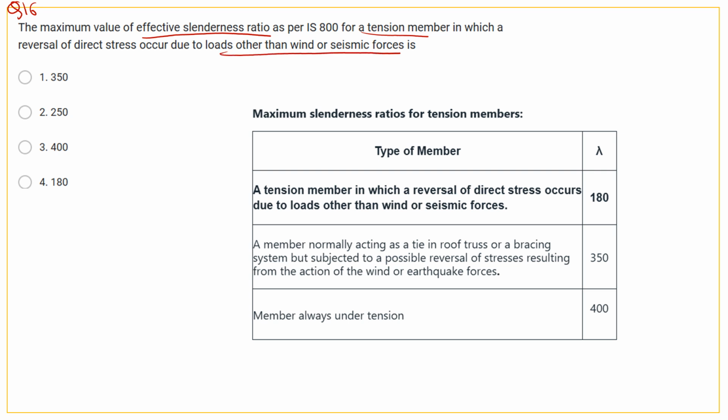So here in this chart, for the tension member in which there is a reversal of direct stresses due to loads other than wind and seismic, the slenderness ratio is 180.